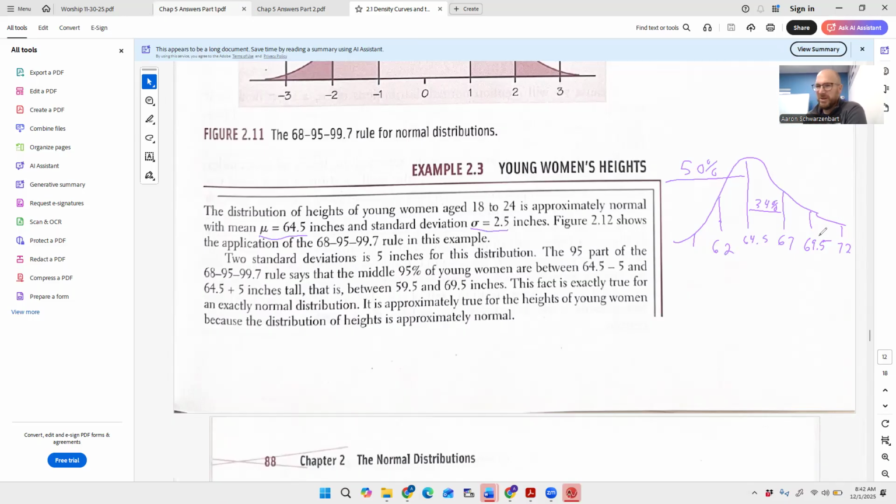I think there's more women over 72 than under 4'9". I think it's a little skewed on the tall end, but it's approximately normal. Okay.